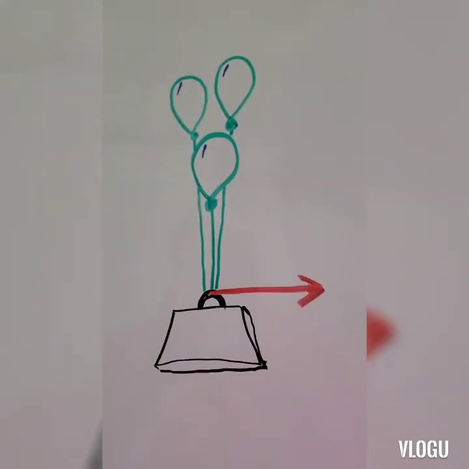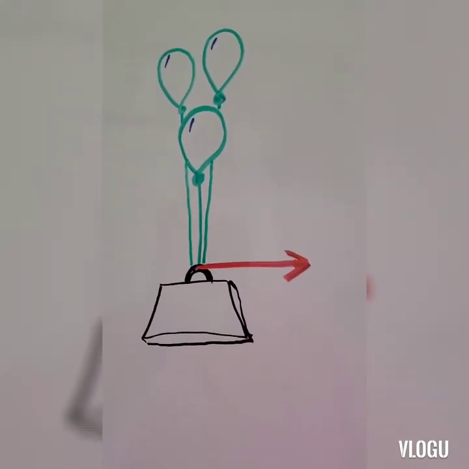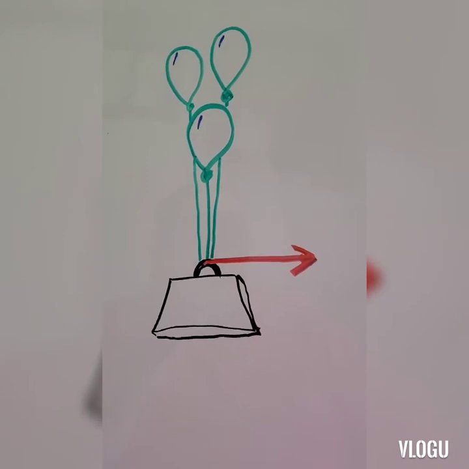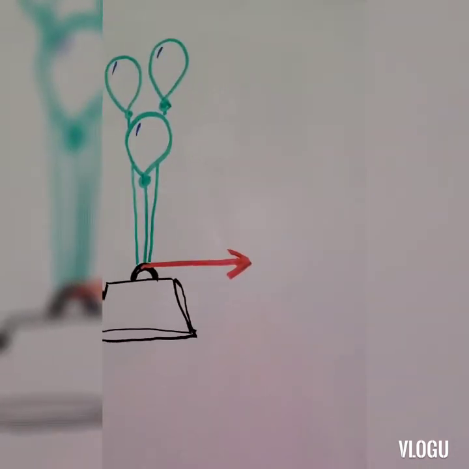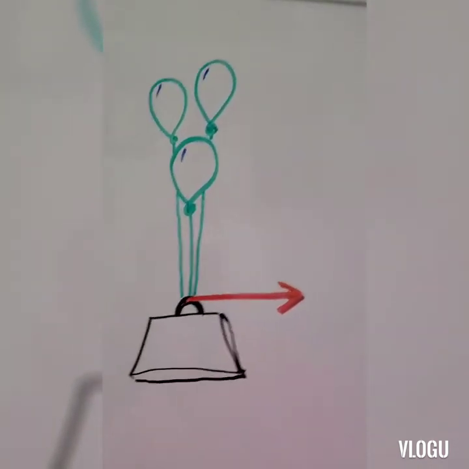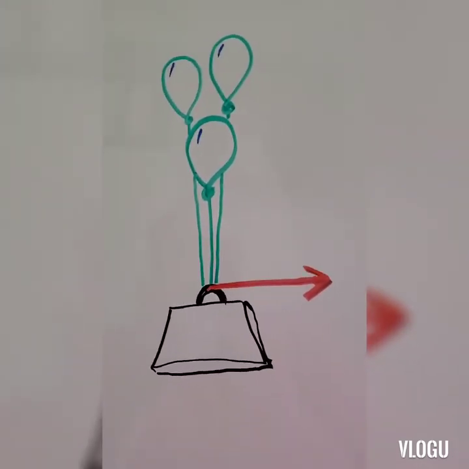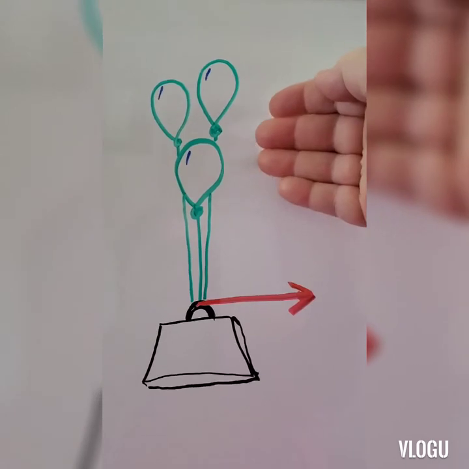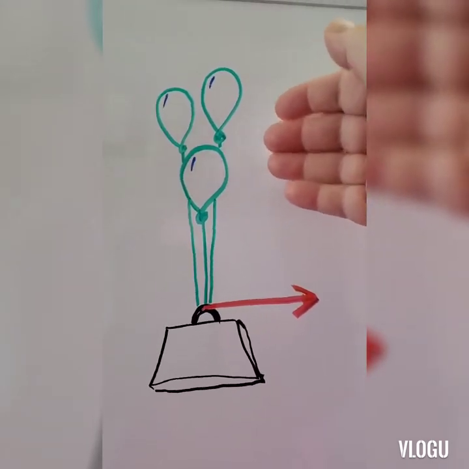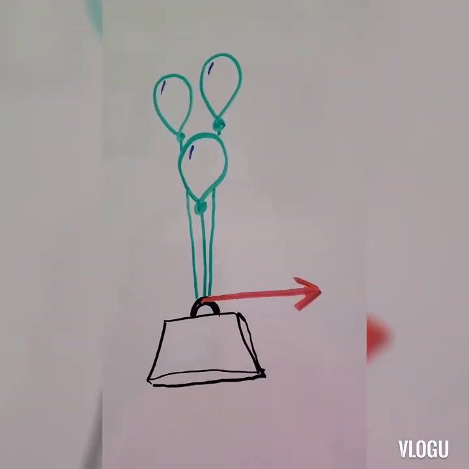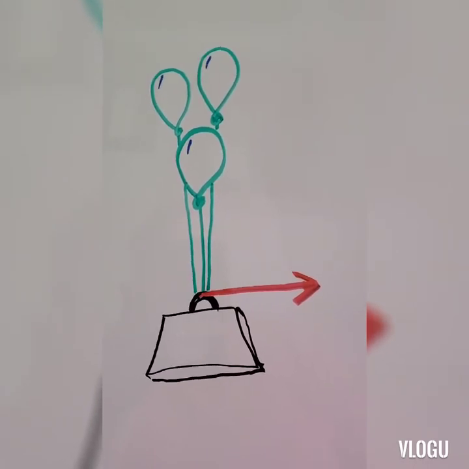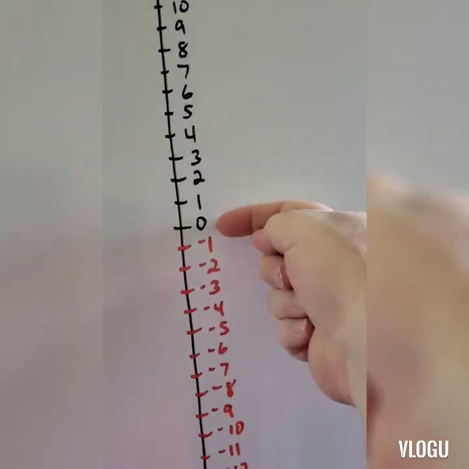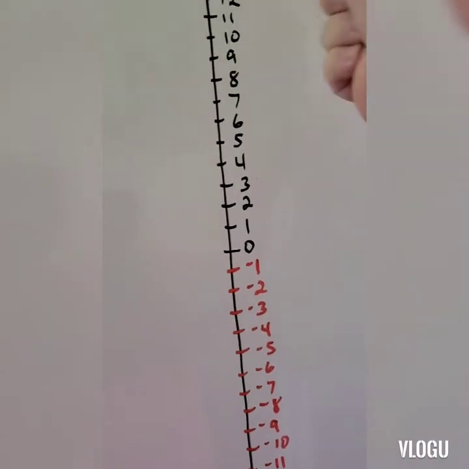When we think about adding and subtracting integers, we can think of the balloons as being all positive numbers. A positive number is a balloon. Anything in the black area is a positive number.